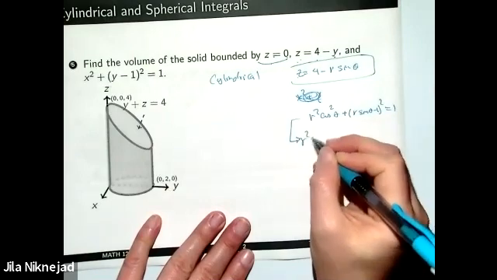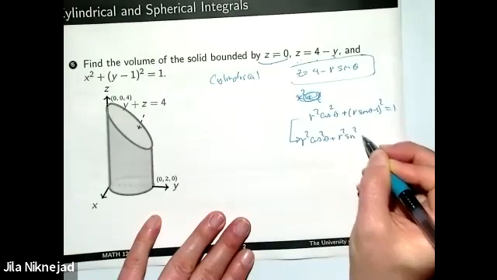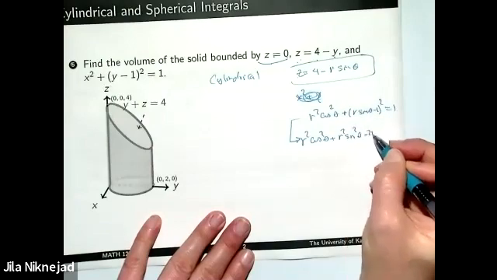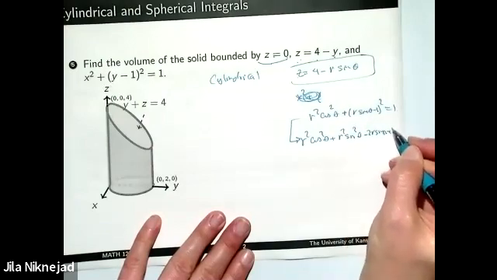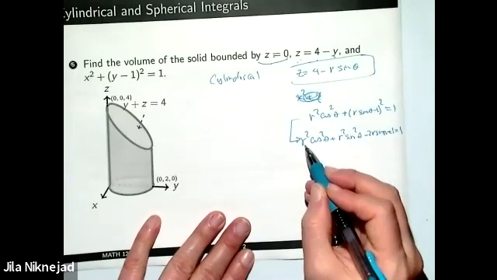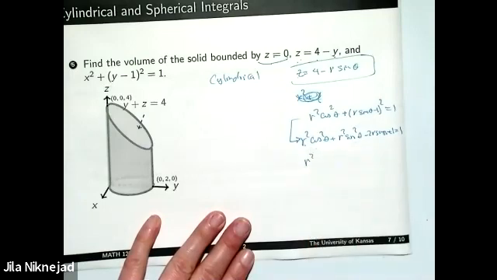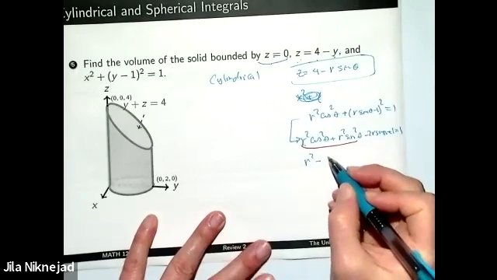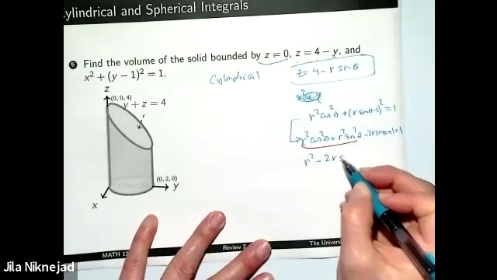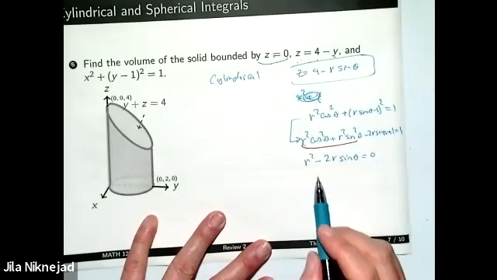So it's going to be r squared cosine squared theta plus r squared sine squared theta minus 2r sine theta plus 1 equal to 1. And that r squared cosine squared plus r squared sine squared is going to be r squared, these two, minus 2r sine theta equal to 0. The 1 and 1 simplify.